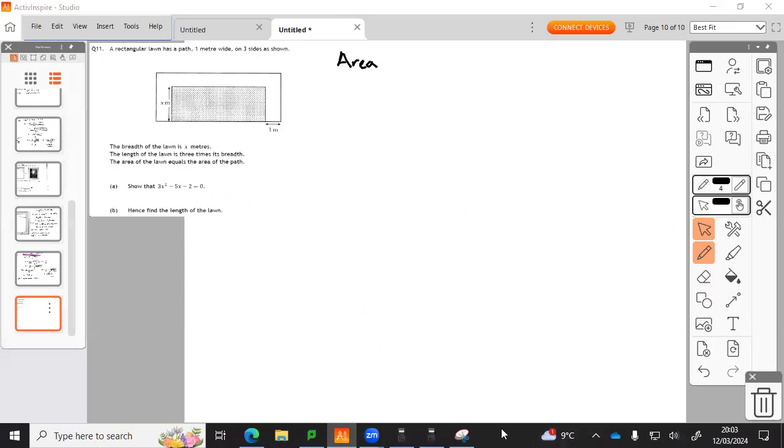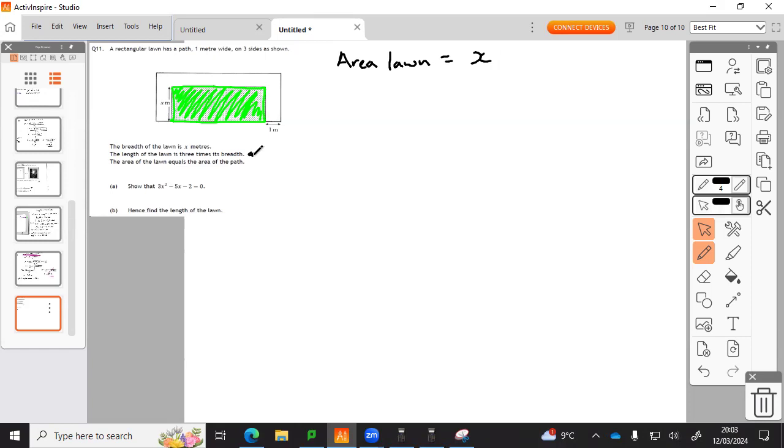Resume recording. All right. So you've got enough information to work out the area of the lawn. So the area of the lawn is that bit here. Okay. So in the question it gives you the area of lawn. So you've got x, and you've got the fact that the length is 3 times its breadth.